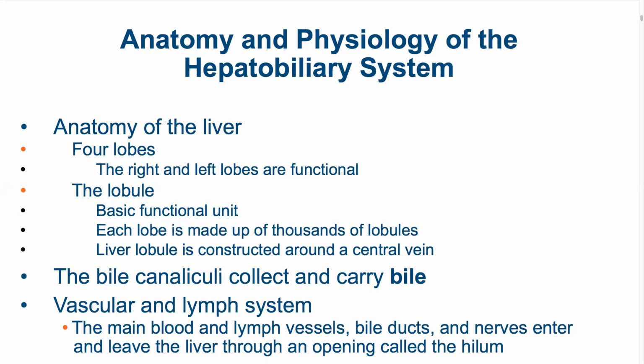Each plate is about 2 cells thick. Between the adjacent cells are bile canaliculi, which collect bile produced in the cells and carry it into the hepatic terminal bile duct. Understanding the vascular supply, both serum and lymphatic, is essential. The main blood and lymph vessels, bile ducts, and nerves enter and leave the liver through an opening called the hilum.